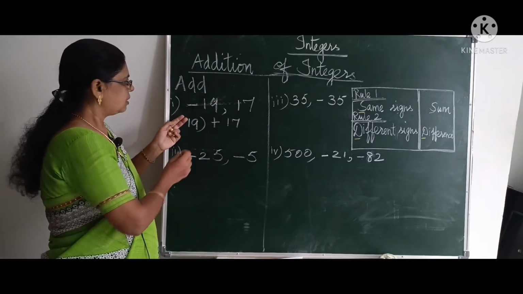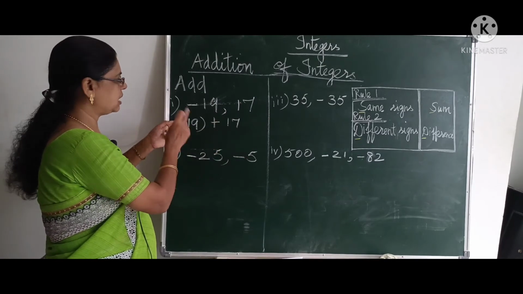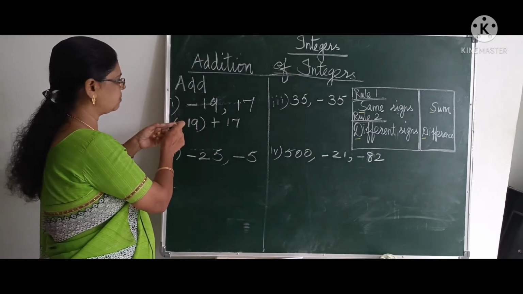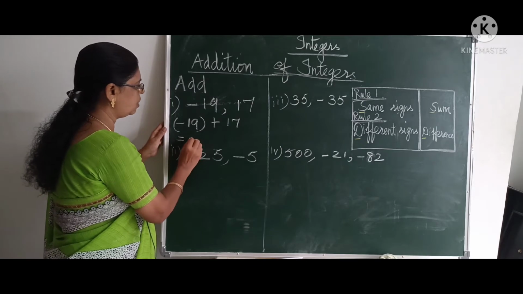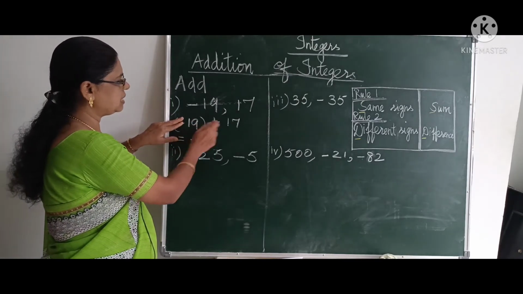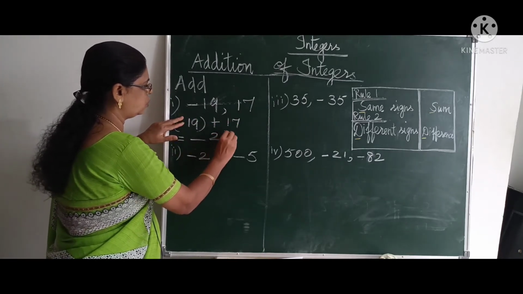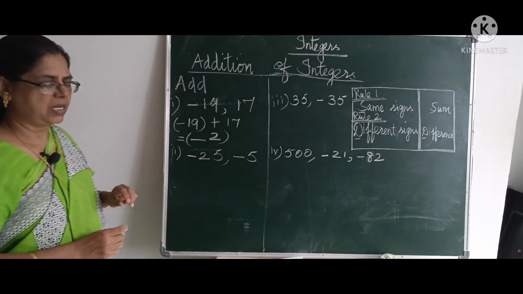So here the greater integer is 19. 19 and 17, which is greater? 19 is greater and 19 has minus sign in the question. So you put minus sign and find out the difference between 19 and 17. Difference between 19 and 17 is 2. So the answer is minus 2.